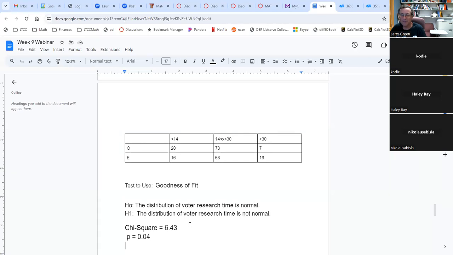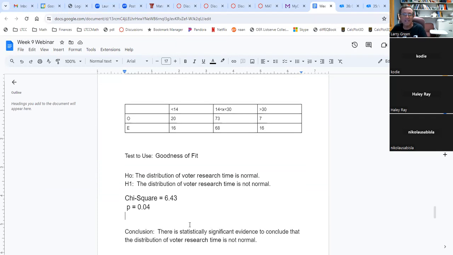Could even write down the first few words. Yeah, there is statistically significant evidence because we're using 0.05. Don't say strong, because 0.04 is not smaller than 0.01. But there is statistically significant evidence to conclude that the distribution of voter research time is not normal. Okay. Any questions on this conclusion?